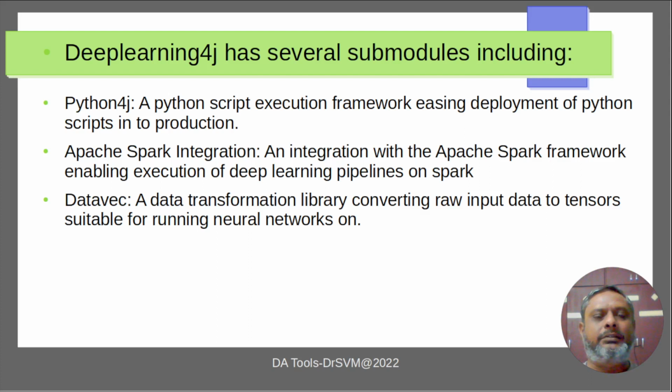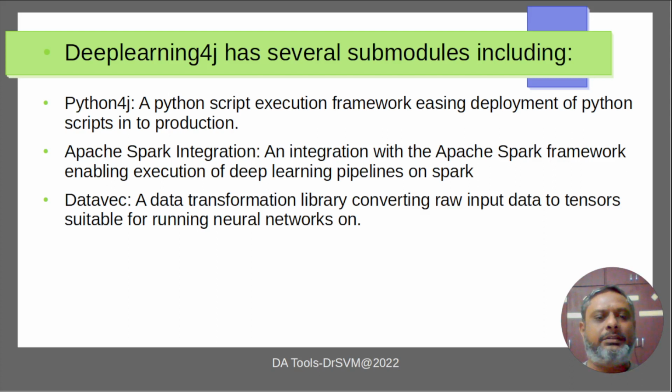A Python script execution framework for the deployment of Python scripts into production. That's basically a Java-based system. So if we are comfortable with Java, yes, we can make use of this submodule Python4J, and we can deploy Python scripts into production.